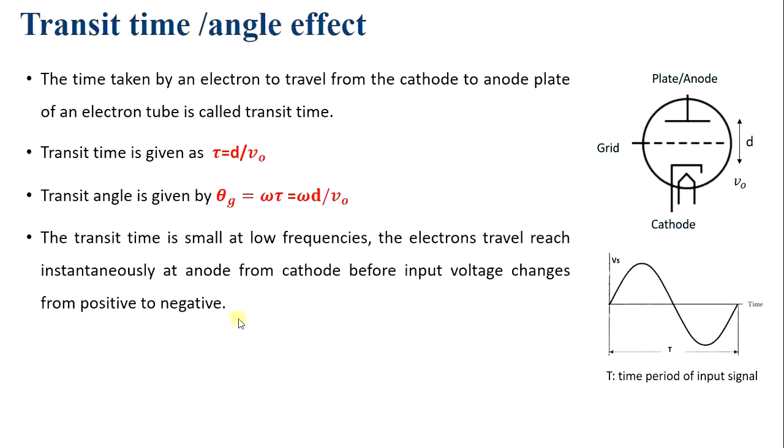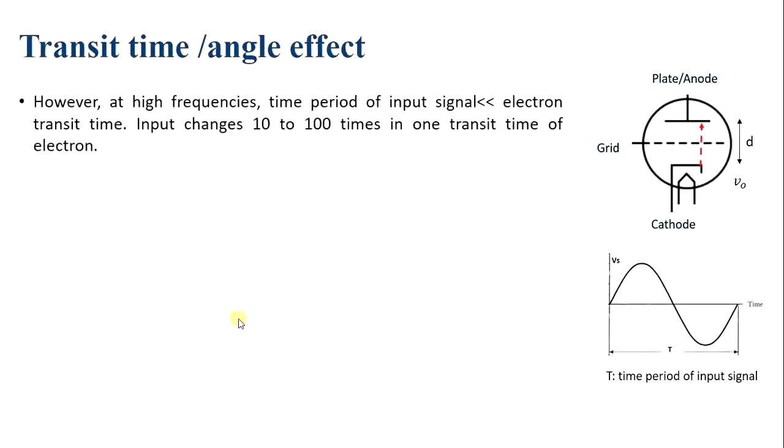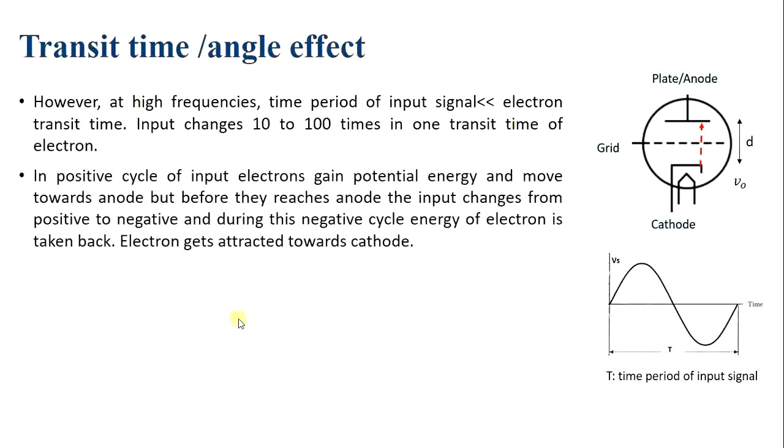So we will see what happens at high frequency. What is the transit time effect at high frequency? At high frequency, the time period of the input signal is very much less than the electron transit time. The input changes 10 to 100 times in one transit time of the electron. In the positive cycle of the input, the electrons gain potential energy and move towards the anode, but before they reach the anode, the input changes from positive to negative, and during this negative cycle the electron is attracted back towards the cathode.